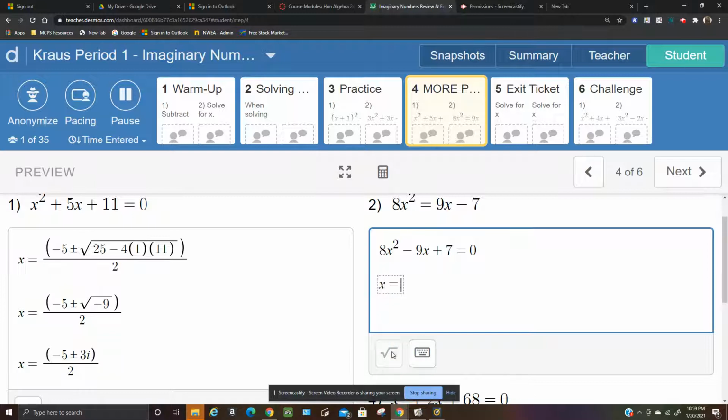The opposite of negative 9 is positive 9. Square root 9 squared, 81, minus 4 times 8 times 7.